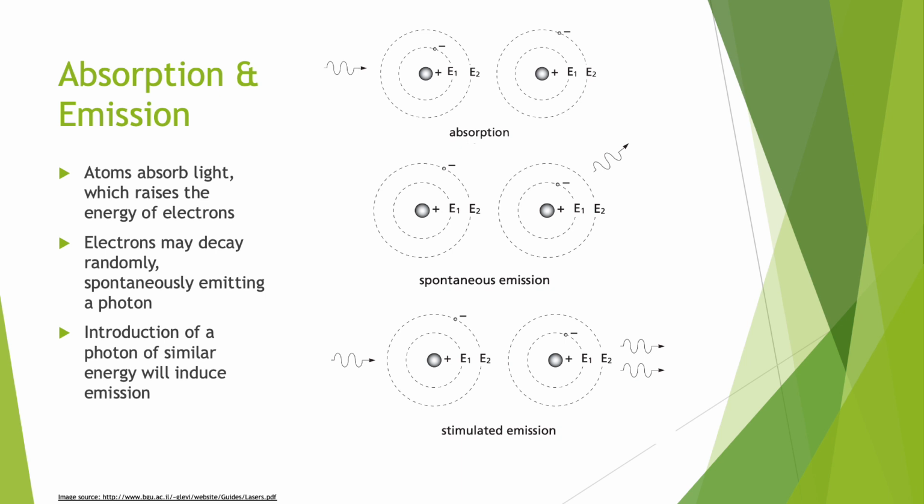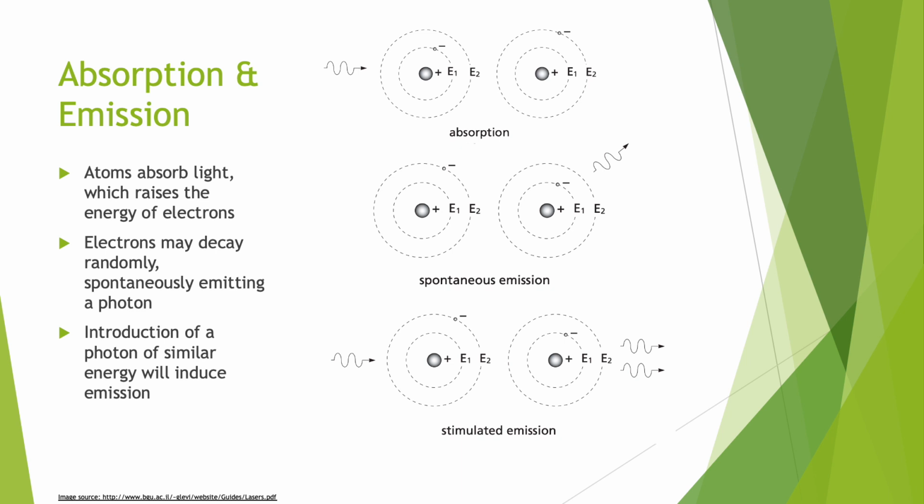However, spontaneous emission isn't the only way in which an electron can decay and release that energy. The bottom diagram shows us stimulated emission. We can think of it as these electrons kind of like to go with the flow. So if you've got an electron that is already close to decaying and you've got a photon that passes by that's at a similar level of energy, that will cause stimulated emission. In that case, the photon isn't just going to fly off in a random direction.